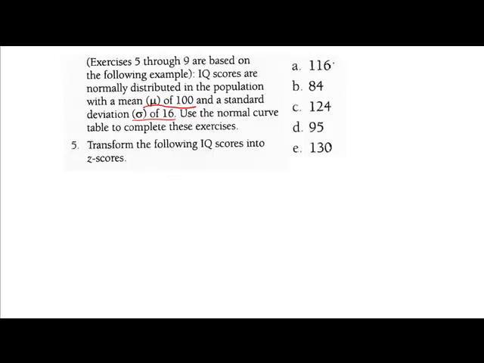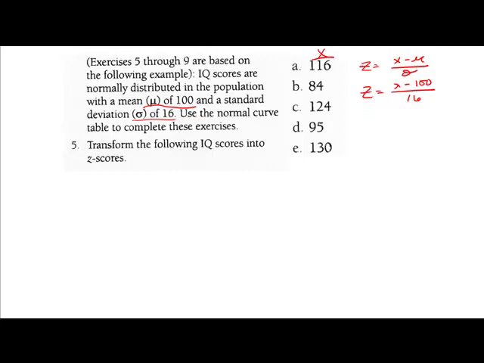We're going to take our raw numbers here. These are our x's. And remember that z equals x minus mu divided by sigma. So z is going to equal x minus 100 divided by 16. So all we have to do is plug in the x.